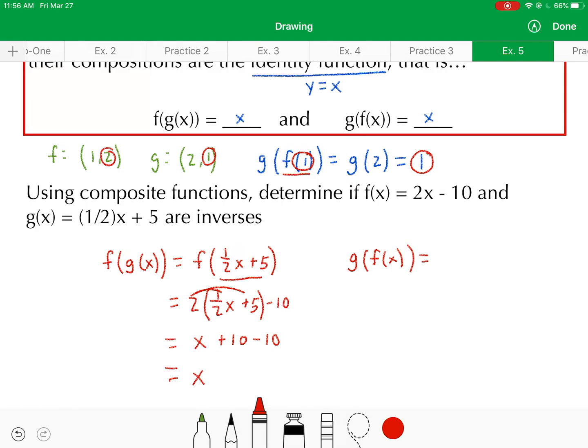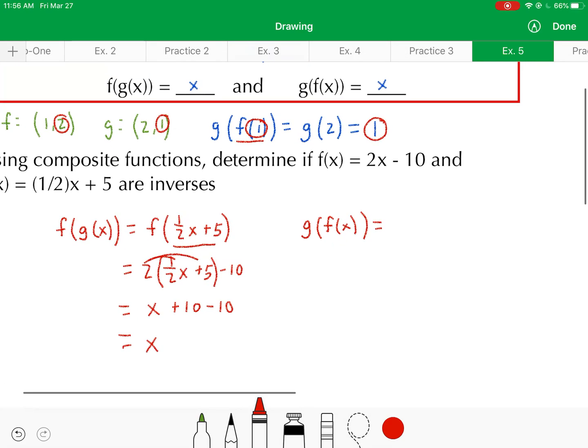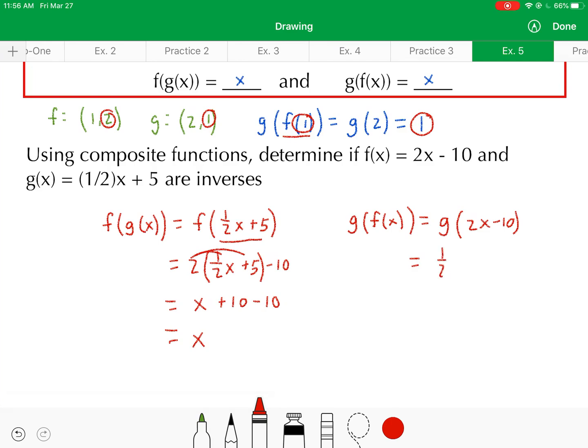So let's go here. g of f of x can be rewritten as g of 2x minus 10, which is equivalent to 1/2 multiplied by 2x minus 10, plus 5. Distribute the 1/2 there.